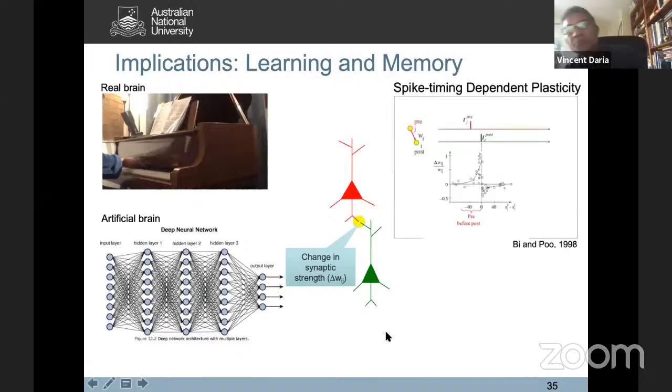And this has been proven over 2 decades ago. Bi and Poo discovered that if this neuron here is firing, and this neuron here fires after when this one is firing, then they are correlated. The strength of the synapse increases.